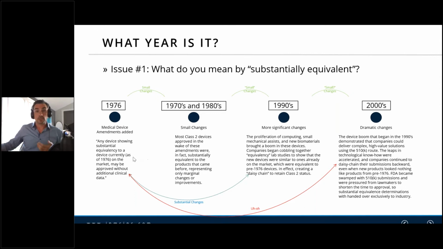Class 2 devices were substantially equivalent to devices that had been grandfathered in pre-1976. And while there were some changes, some improvements in terms of use, functionality, certainly materials, and the manners in which we tested these things, you're still in the small change sort of realm, right? The issue starts showing up in the 1990s, and we start daisy chaining changes to medical devices by decades.